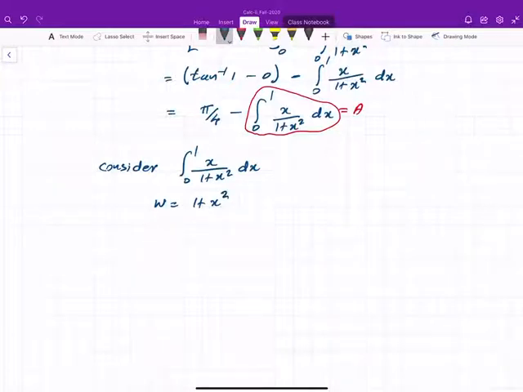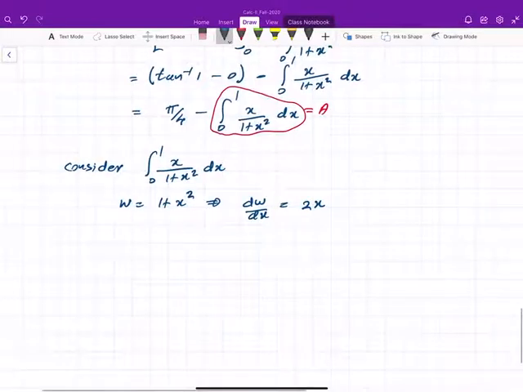All right, then get the derivative of w. W prime is 2x. Okay, now let me rewrite that as dw over dx. The derivative of w, which is 2 times x.